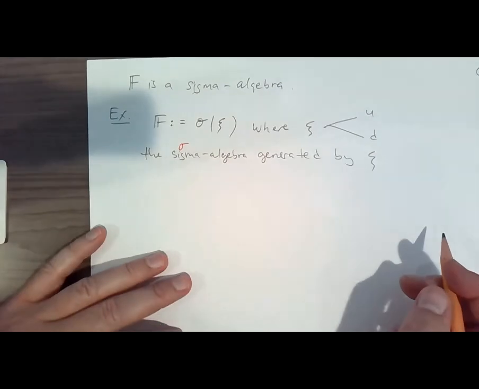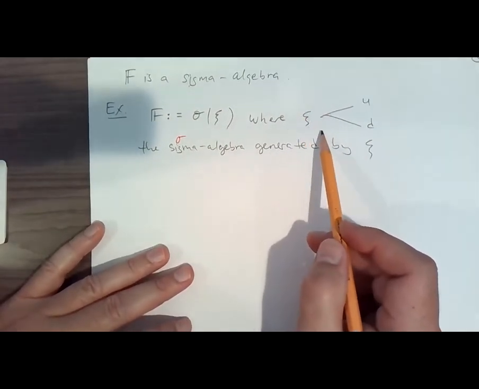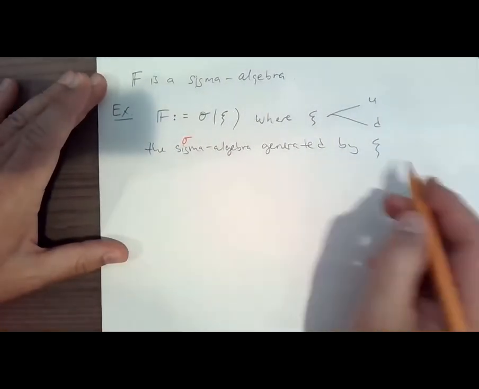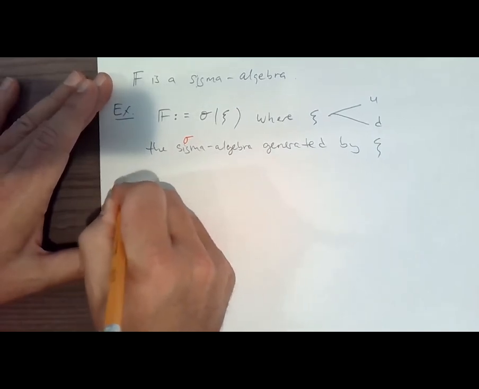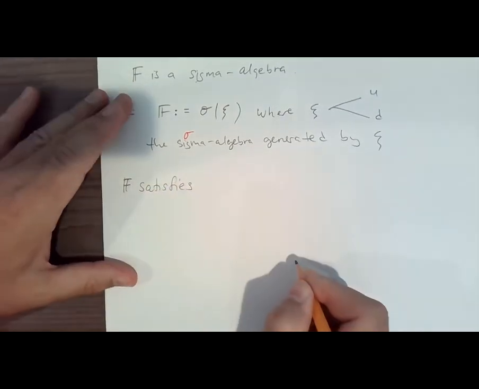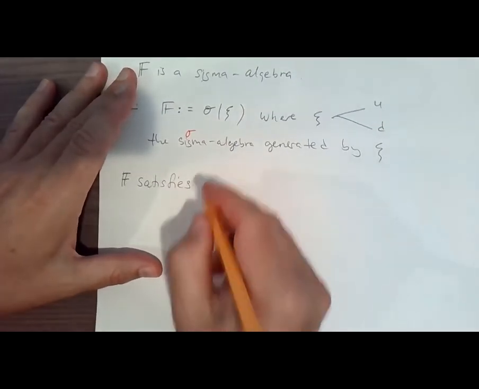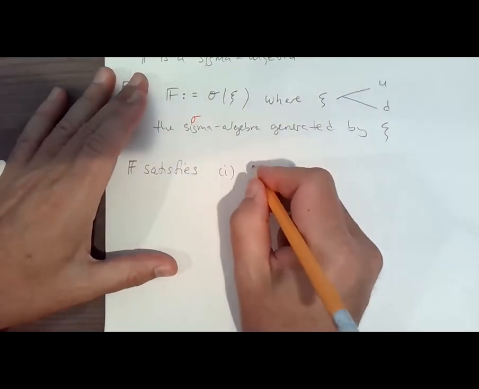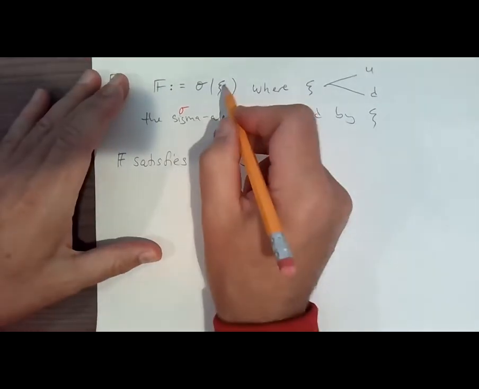Okay, so what is that? It is a sigma algebra, and here's a specific example. It's the one that's being generated by this random variable. So this is just an example. A sigma algebra, what does that mean? It means that my entire omega is my sample space, this is where psi goes from, right?